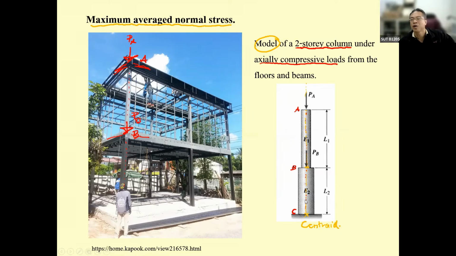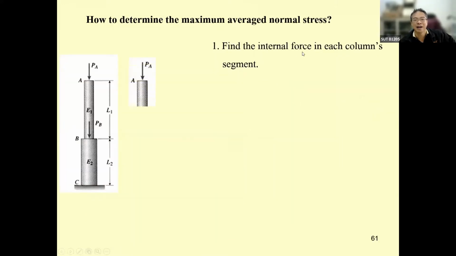By doing that, we use the free body diagram, and then the equation of equilibrium to determine the internal force in portion AB and portion BC. And third, we determine the stress equal to internal force divided by A. These are the steps, and first we find the internal force.